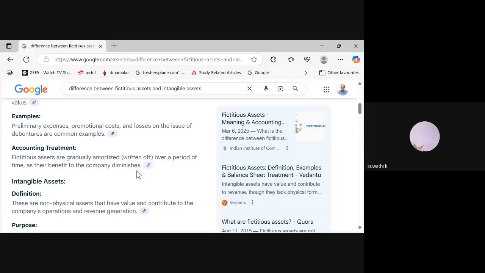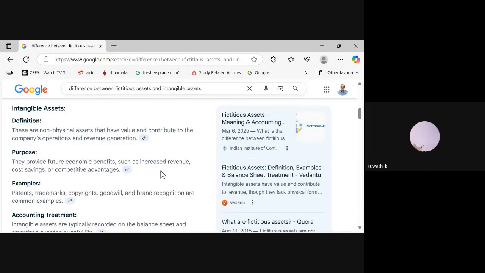Fictitious assets are gradually amortized, that is written off, over a period of time as their benefit to the company diminishes. Intangible assets. Definition. These are non-physical assets that have value and contribute to the company's operation and revenue generation. Purpose. They provide future economic benefits such as increased revenue, cost savings, or competitive advantages.